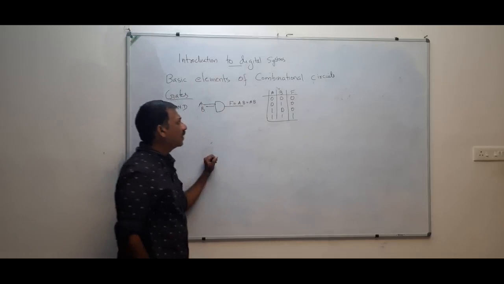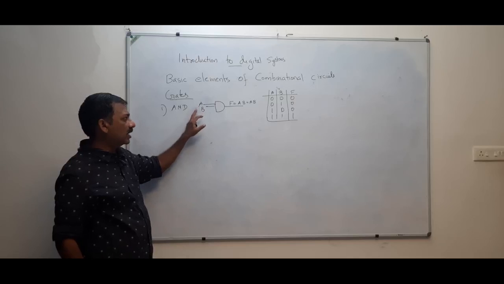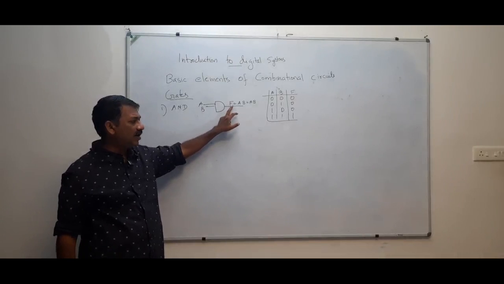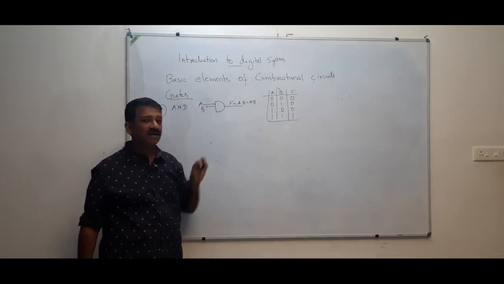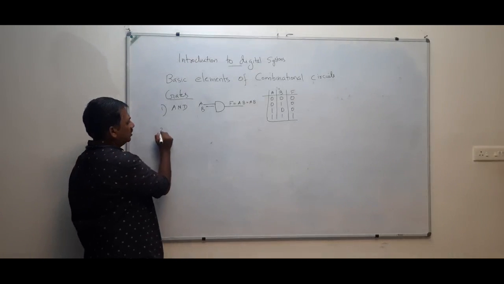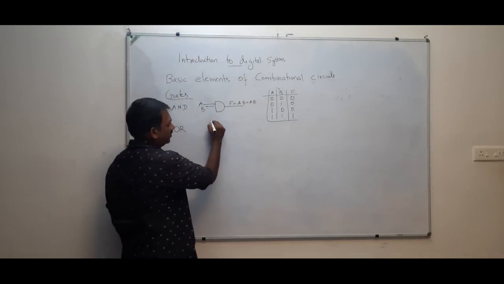That means for an AND gate there are two inputs A and B, and the output will be 1 if both A and B are ones. Now the second gate is the OR gate, and that is represented like this.